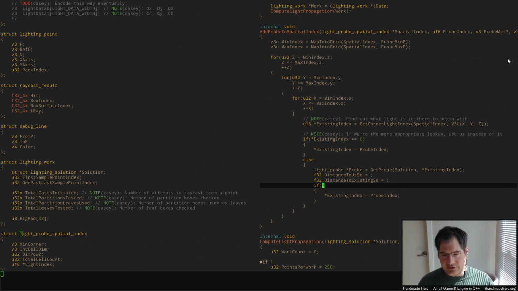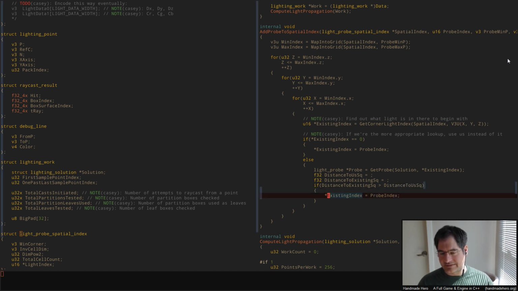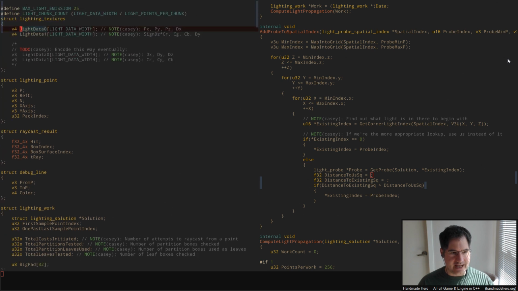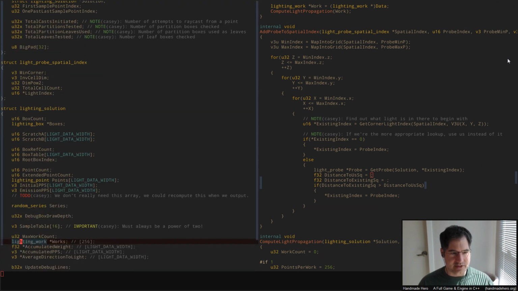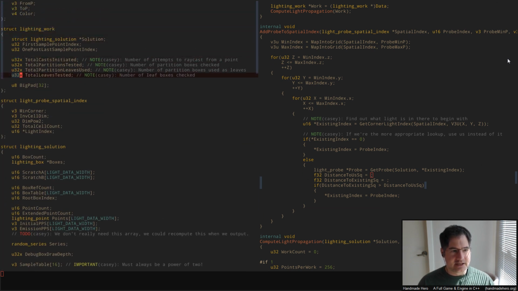So in this case, if the distance to the existing is greater than the distance to us, then we will replace what's in there with us. Otherwise, what's there stays. So all we really need to do now is figure out how to actually compute these two. And obviously a light probe in this case, which we haven't actually stored in any particular way, you can see we don't have them yet.